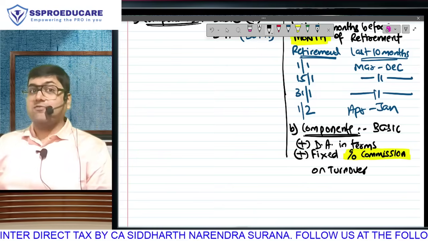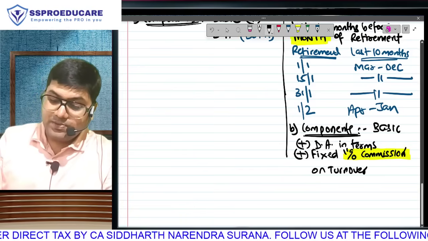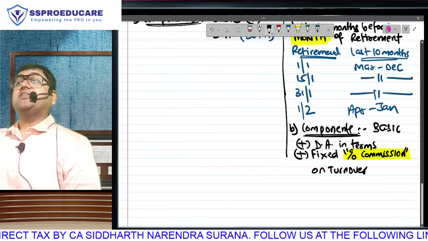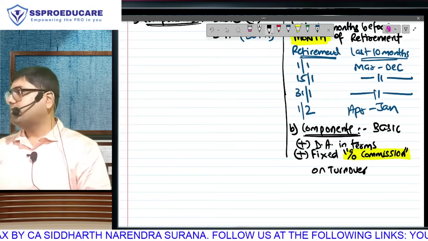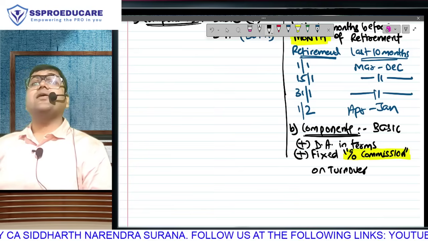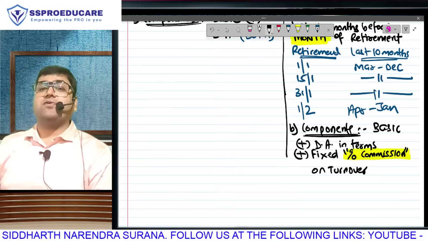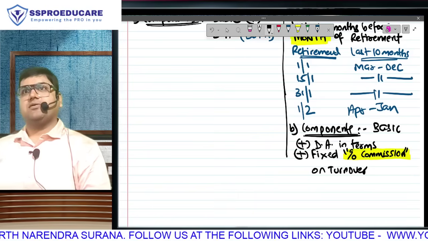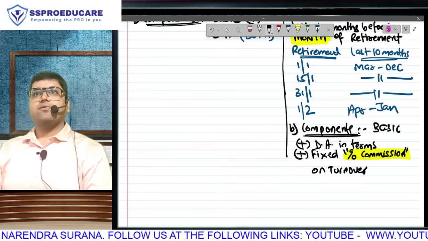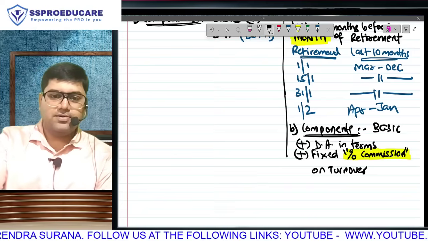Fixed percentage. You have to be very, very clear. It has to be percentage commission. If it is a fixed monthly amount, 5,000 per month, that's not a turnover-based commission. You have to include that commission which is being paid to employees on the basis of turnover achieved, performance basis. This is important for you to understand.